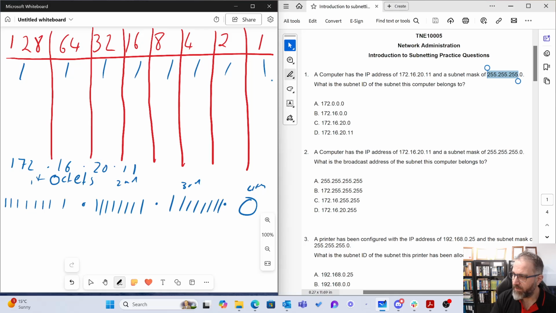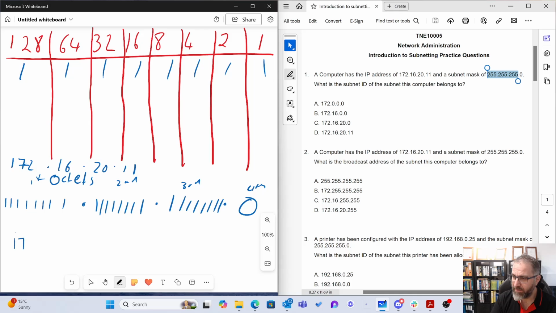I don't have to worry about the last one, it's not important to me. But we're going to figure out what these are in binary. I'll only do this the once, just a bit of a quick subnetting lesson. So we'll do 172 first. We want to find out what that is in binary.